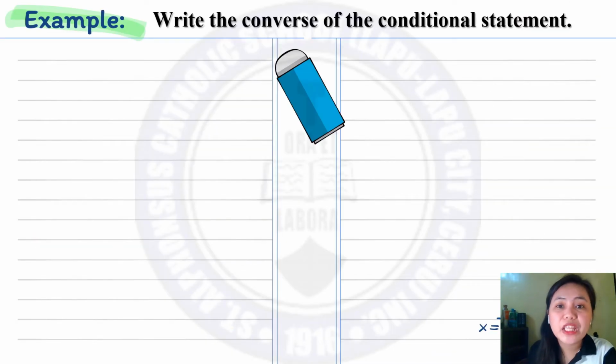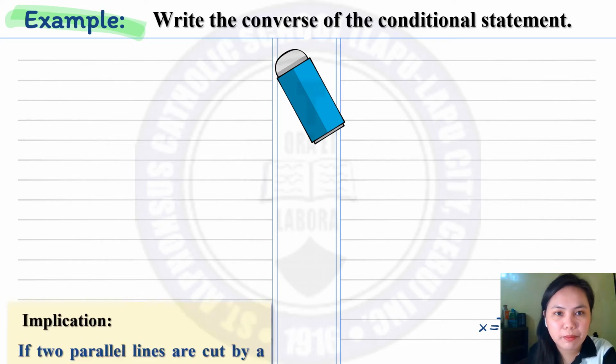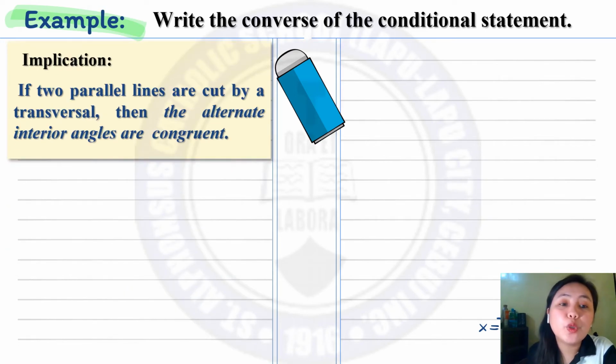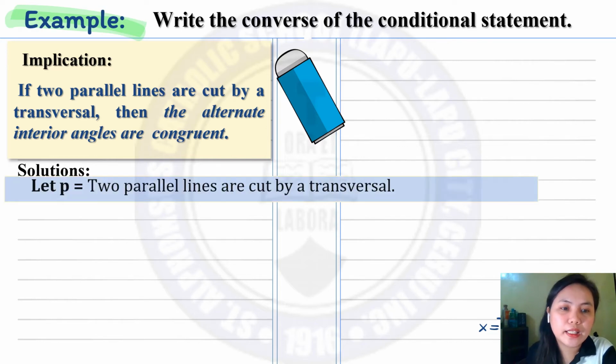For example, write the converse of the conditional statement: if two parallel lines are cut by a transversal, then the alternate interior angles are congruent. So in this conditional statement, we need to look for its converse. So we start with determining what is the first statement, or P. So let P be the statement: two parallel lines are cut by a transversal.